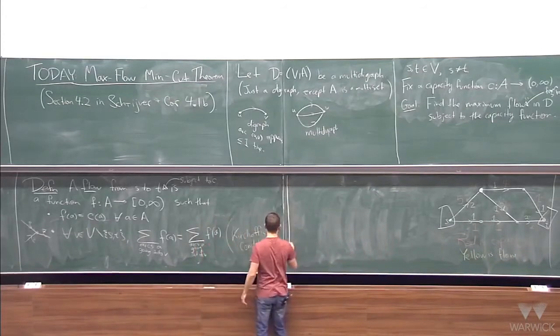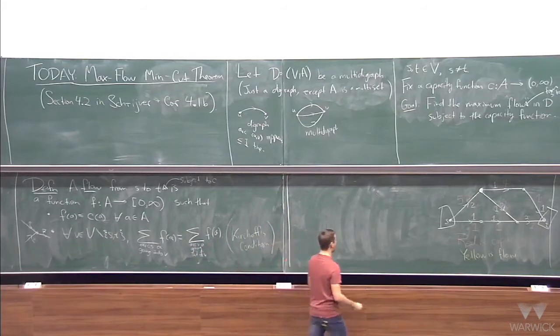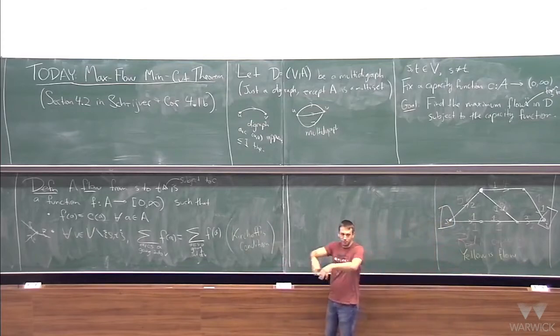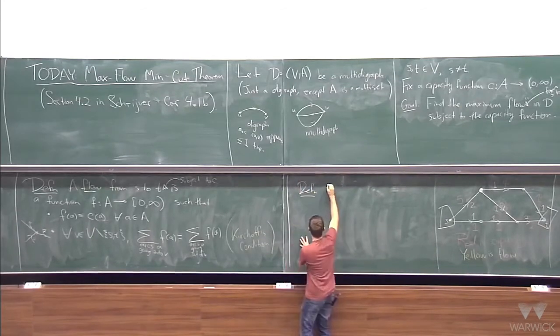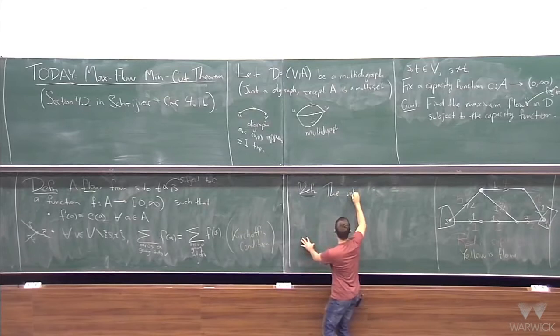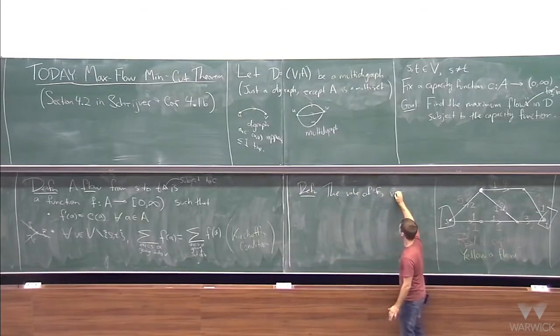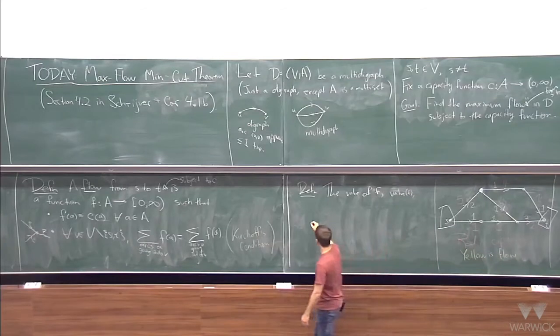Okay. So now, the value of a flow is basically how much stuff you're managing to push through the network. Okay, so the definition: the value of the flow F, which I'll simply write as value F. Well, how much stuff are you managing to push through the network?